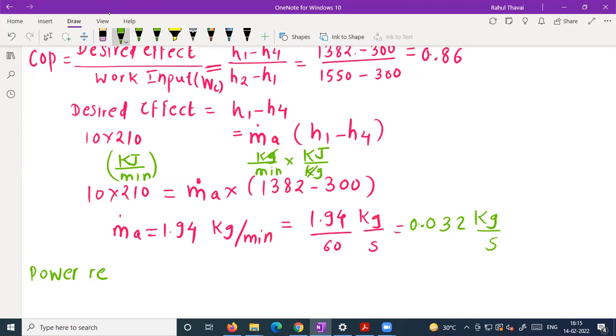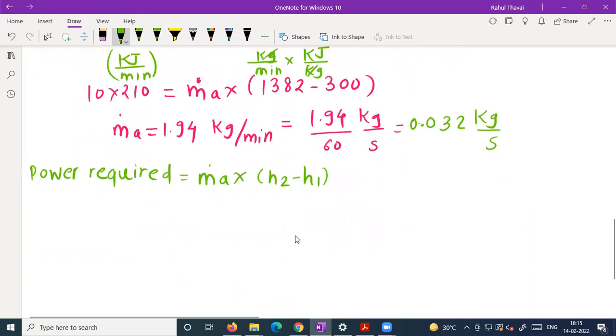So how do we calculate power now? Power required is nothing but the mass of the air multiplied by H2 minus H1, because H2 minus H1 will be consumed by the compressor. Why have we multiplied by mass? Because we want power.